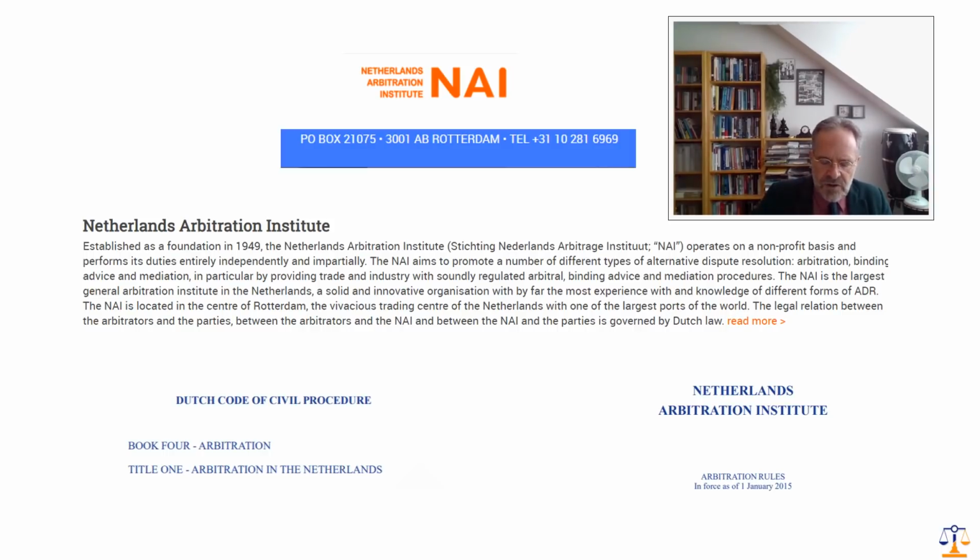And apart from the law which the arbitrators will apply, you also have rules for the procedure. The International Chamber of Commerce in Paris has procedural rules. The Netherlands Arbitration Institute also has its procedural rules. For the moment, the important message is there's a way to avoid going to court. Arbitration is the most favored one by international business. You can have it realized by agreeing upon it in your contracts.